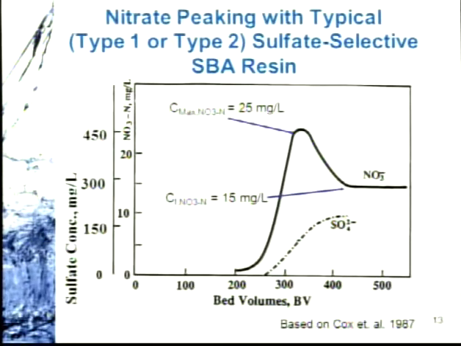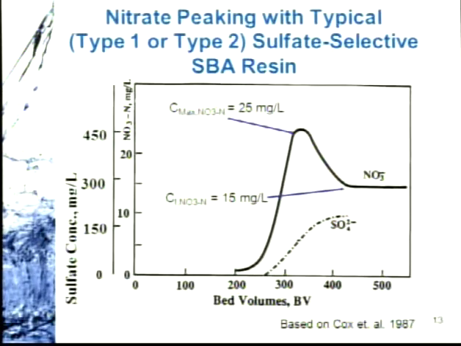Here we have two breakthrough curves for a single resin operated in a case where there's nitrate at approximately 15 milligrams per liter. Nitrate is N. And as you'll note, initially you start seeing breakthrough at about 200 bed volumes because, as you'll note, this is a pretty high sulfate water, 150 to 200 milligrams per liter sulfate.